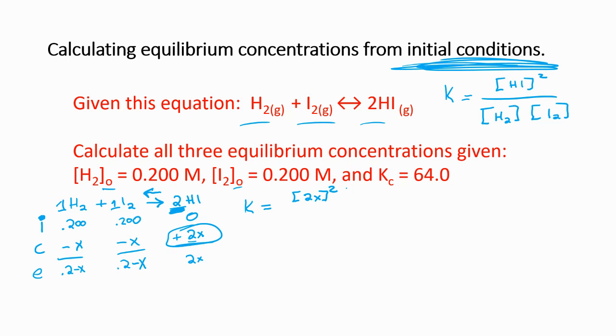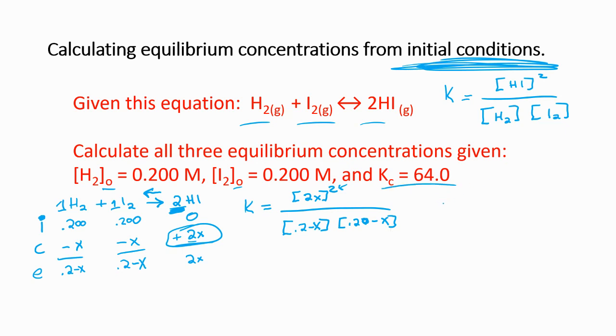But we also use it again here for our power. We're dividing by 0.2 minus x times 0.2 minus x. I'm going to actually rewrite that this way.